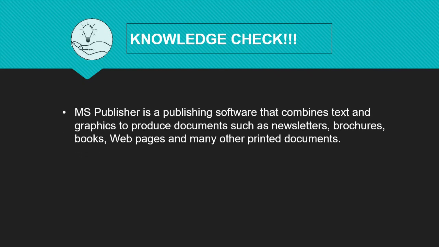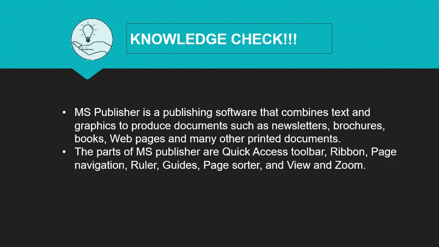Okay, so MS Publisher is a publishing software that combines text and graphics to produce documents such as newsletters, brochures, books, web pages, and many other printed documents. The parts of MS Publisher are Quick Access Toolbar, Ribbon, Page Navigation, Ruler, Guides, Page Sorter, and the View and Zoom.